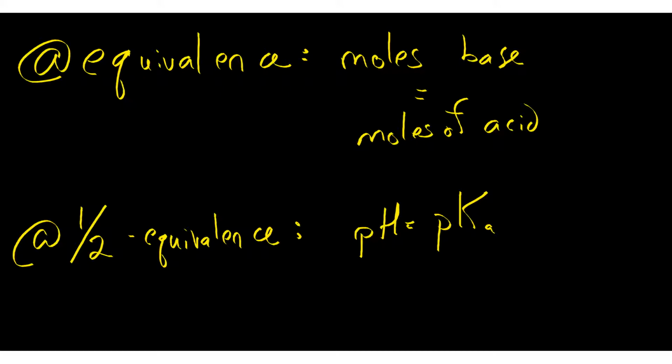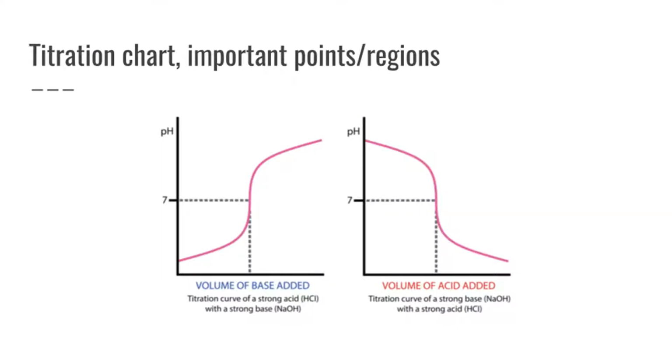So those are the two really big things. Okay. At the equivalence point, you have that sudden vertical spike. You found moles of base, moles of acid. And then you divide that by 2, you're right in the middle of the buffer region where pH equals pKa. And that does it for Chapter 14.